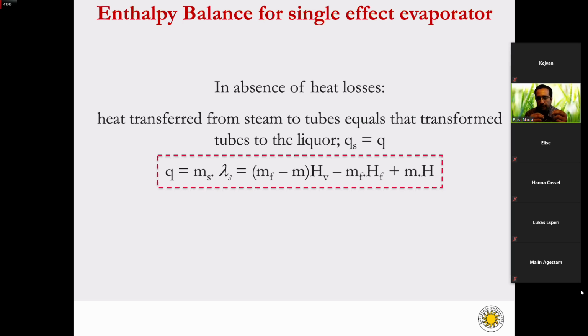So the main difference is that the phase is changing. In latent heat of vaporization, the phase changes from liquid to vapor. In latent heat of condensation, the phase changes from vapor to liquid. So it's opposite, but the temperature will not change. So the lambda s will remain the same for a certain temperature and pressure.